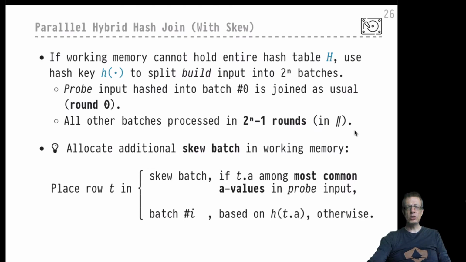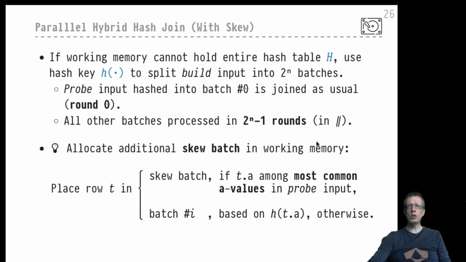There is an interesting tweak to this idea, a modification that considers the fact that the distribution of values in the input tables might not be uniform. There might be particular join values, values in the join columns, that are more frequent than others.